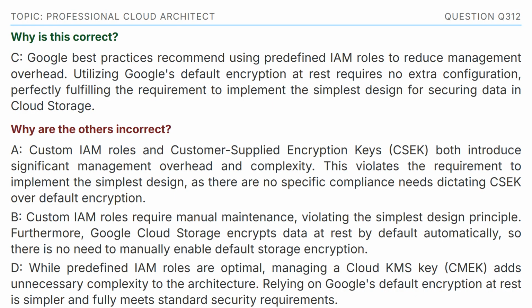Furthermore, Google Cloud Storage encrypts data at rest by default automatically, so there is no need to manually enable default storage encryption. D. While predefined IAM roles are optimal, managing a Cloud KMS key, CMEK, adds unnecessary complexity to the architecture. Relying on Google's default encryption at rest is simpler and fully meets standard security requirements.